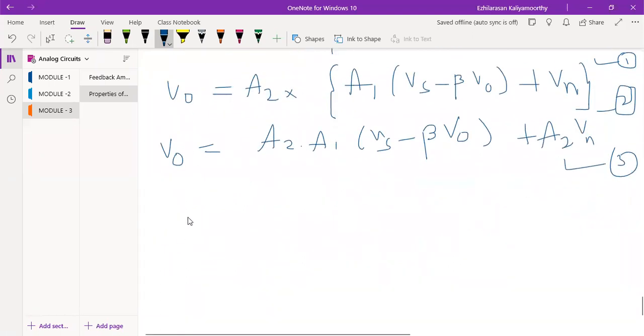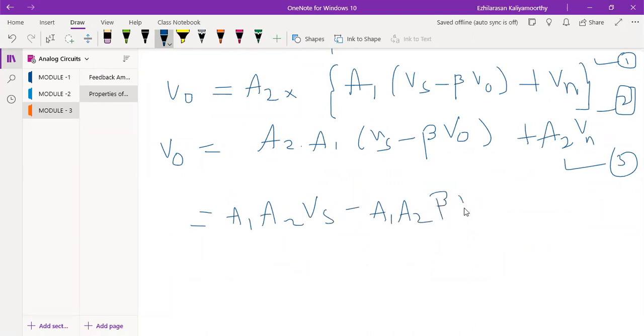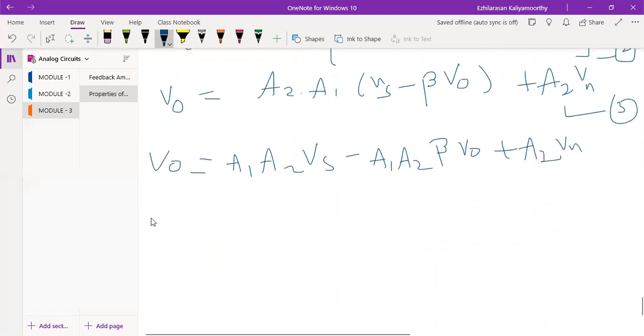So now what we get is V0 equal to, again you multiply, A1 A2 into Vs minus A1 A2 beta into V0 plus A2 Vn. Now separate the input and the output terms separately.